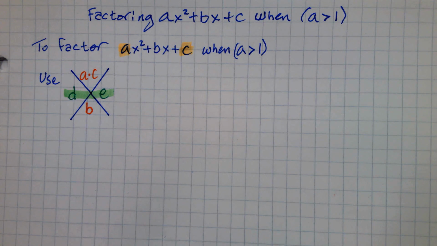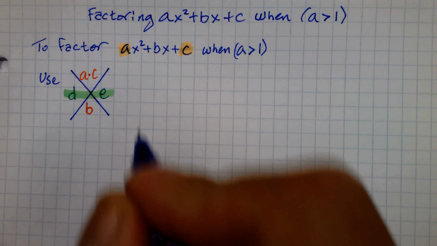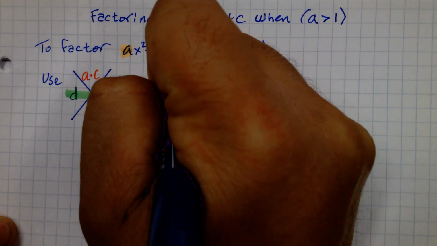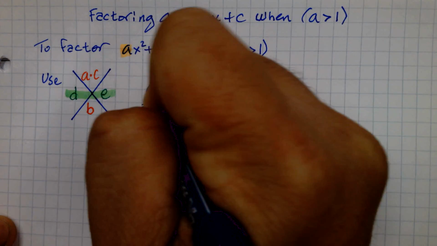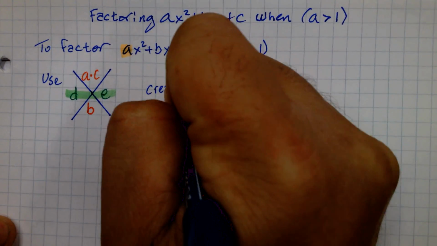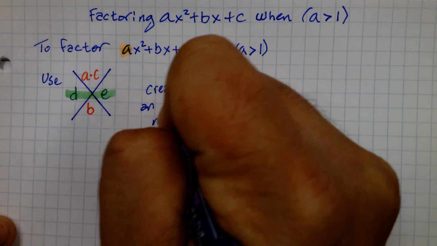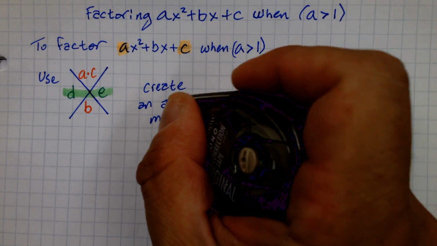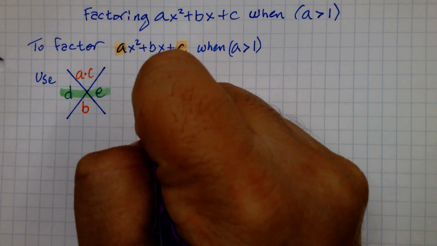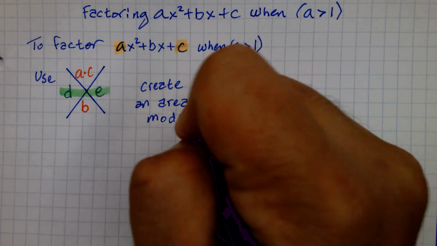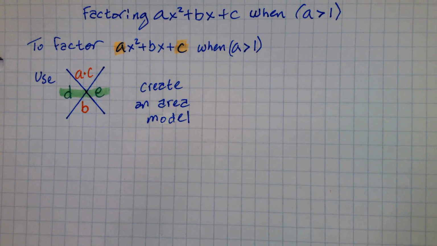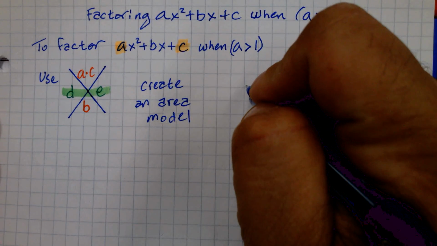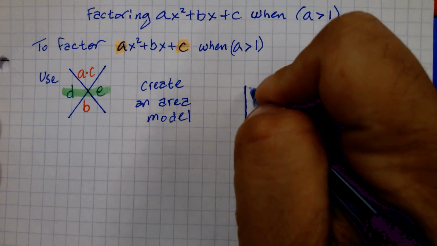And we're going to build an area model. We're going to create an area model. That's just basically a rectangle.